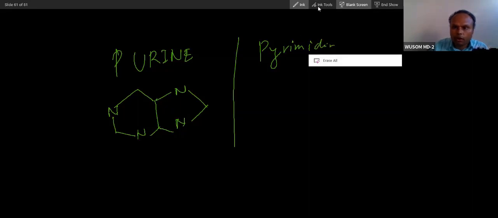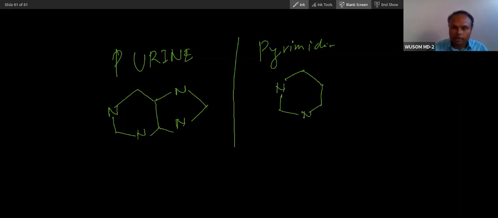So let me first draw pyrimidine. Pyrimidine is this hexagonal molecule with 2 nitrogen. In between the 2 nitrogen there is a middle carbon. This is called pyrimidine.